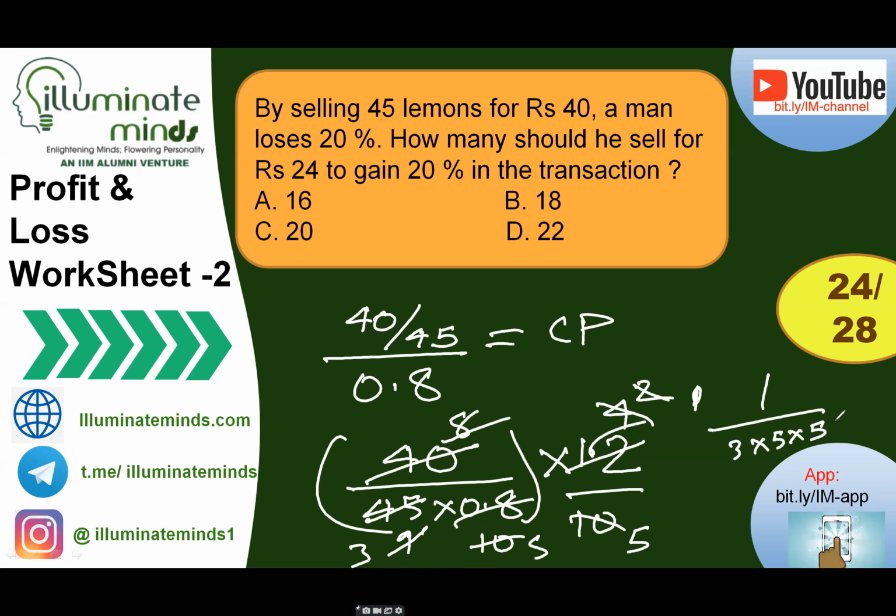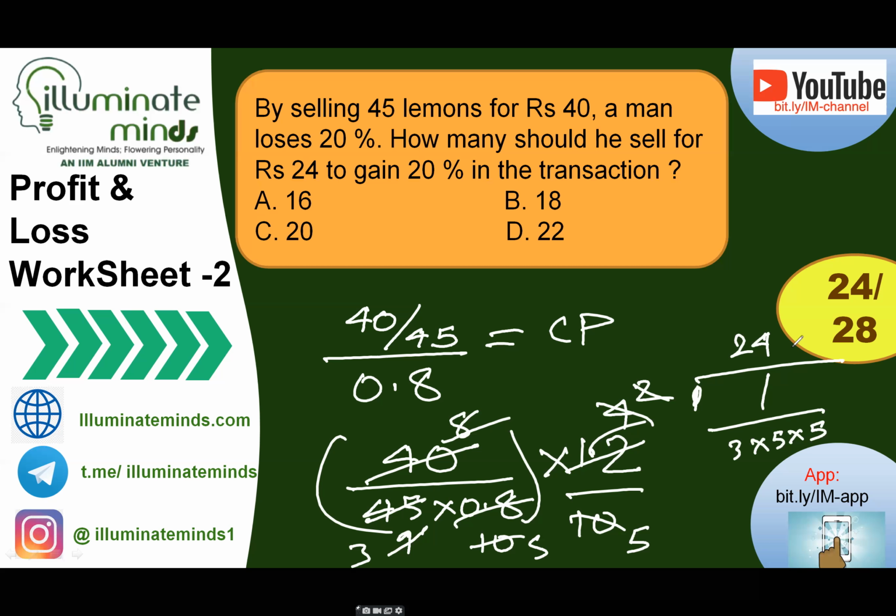This is the selling price of one lemon. So how many will I get for rupees 24? This is how I will get it for rupees 24. I hope I have not made any calculation mistake. That's the only issue that I can see. 20% profit is there, everything is there.